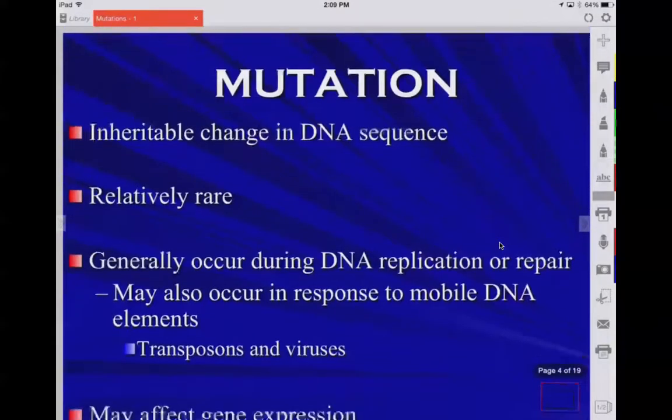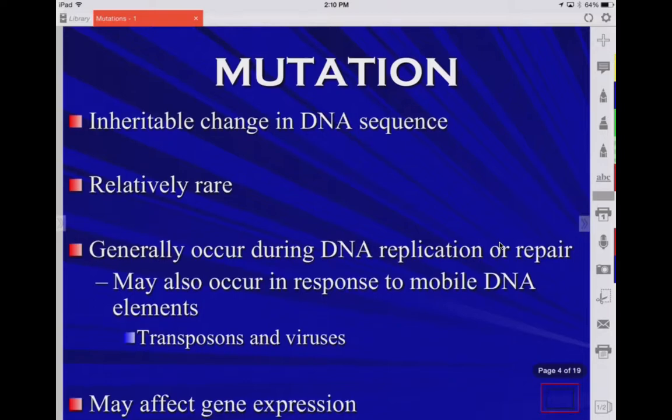That's if there's enough pressure against them to die out, per se. So mutation is something that's inheritable. You can get a new DNA sequence, and that can show up in the germ cells, the egg and sperm of organisms.